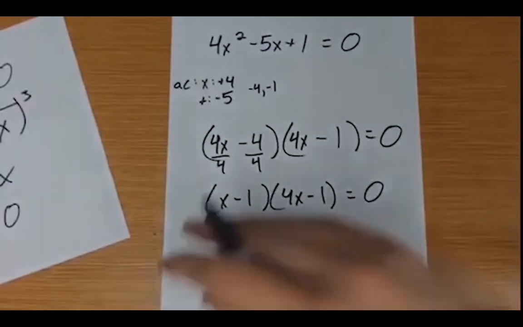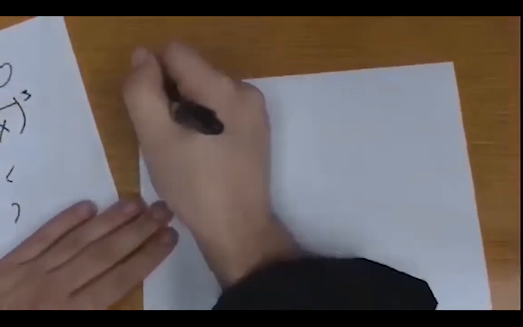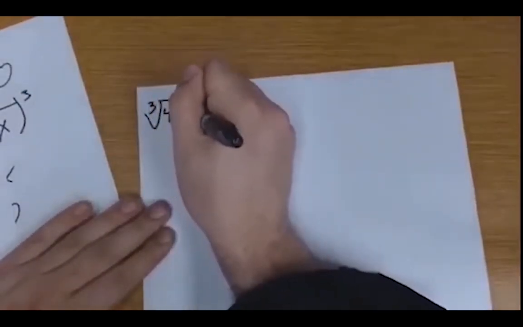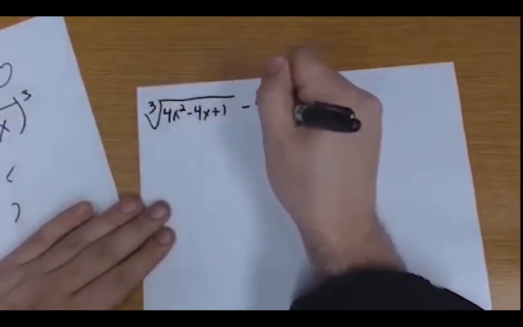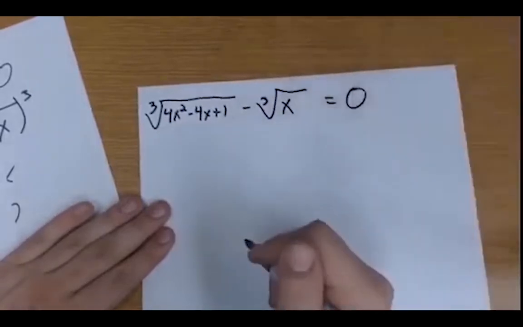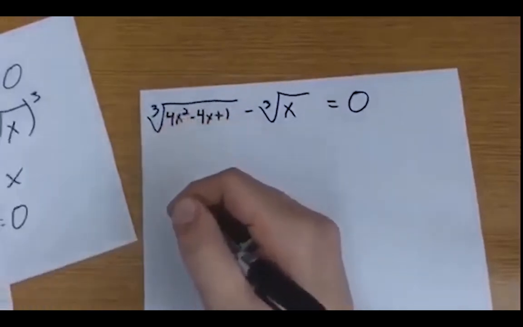We need to check these. In the original, so in cube root of 4x squared minus 4x plus 1 minus cube root of x equals 0. We're going to check first x equals 1.